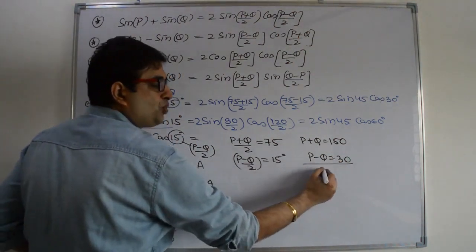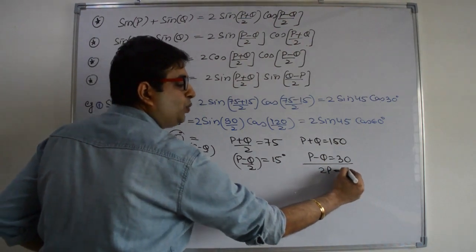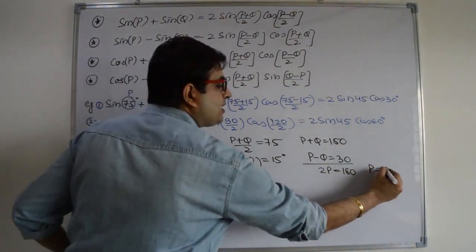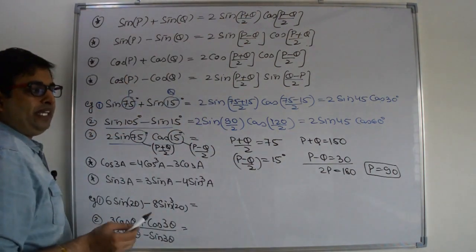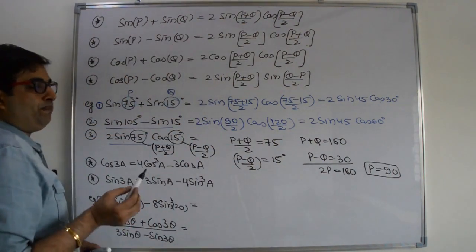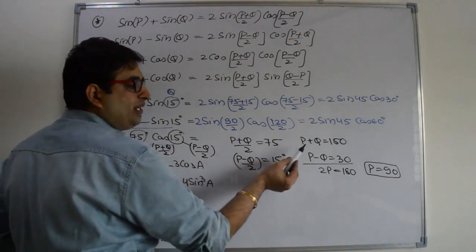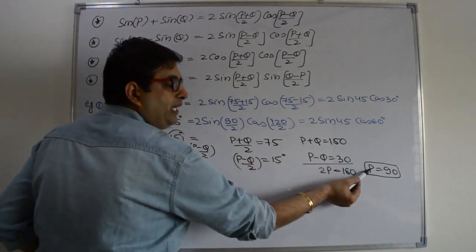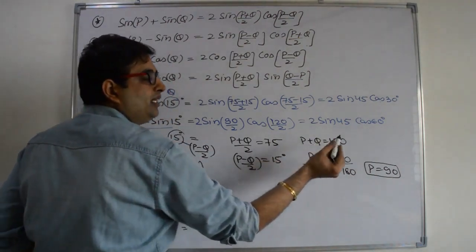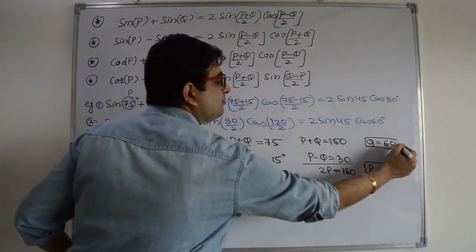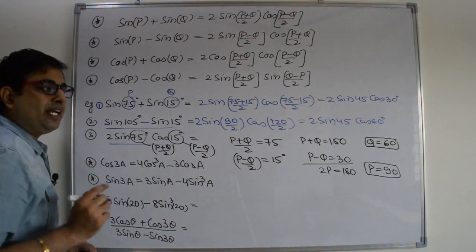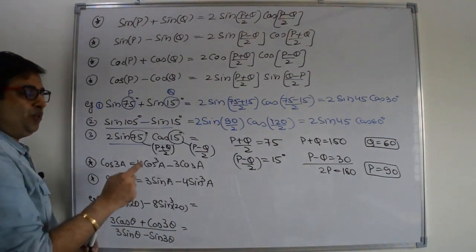If you add these two, you will get 2P is equal to 180. So P is equal to 90. Right? P is 90. If P is 90, then what is the value of Q? If P is 90, then Q will be 60 degree. Right? Now we have P and Q values both.